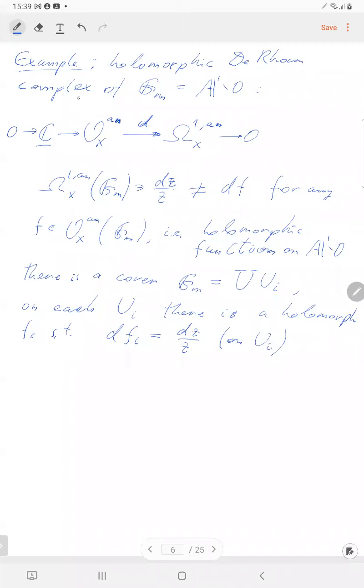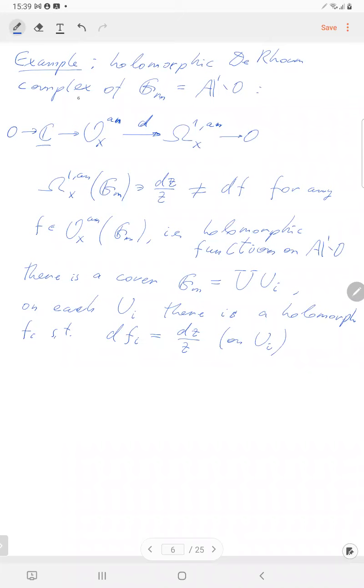And in fact, I hope everybody knows what this cover must be. So what is the condition on this cover in order to guarantee the existence of those primitives fi?